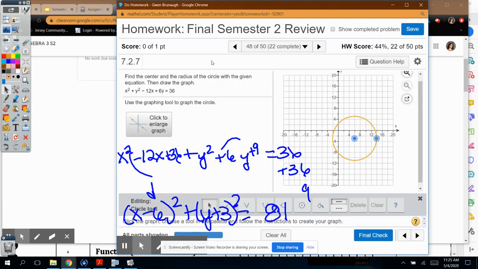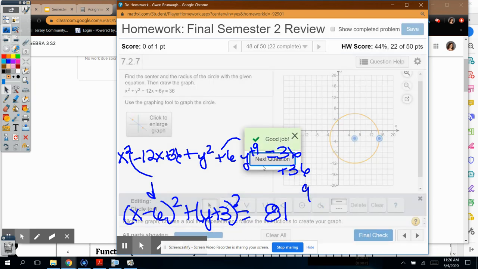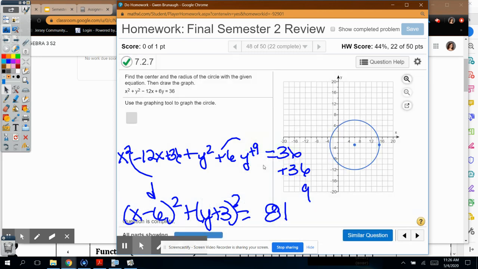Did I mess it up? 6, negative 3. Count over 9. Let's see. 2, 4, 6, 8, 9, maybe there. There. Sorry. I don't know if you'll get 3 tries or not. You might want to do that one on paper and send it to me on the actual test, in case it's touchy that way.